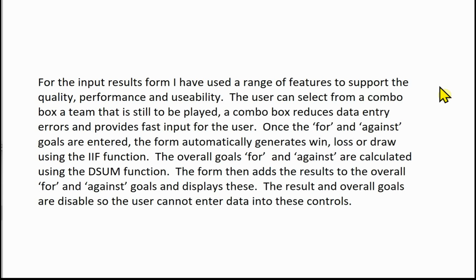Once the for and against goals are entered, the form automatically generates win, loss or draw using the IF function. The overall goals for and against are calculated using the DSum function. The form then adds the results to the for and against goals and displays these. The result and overall goals are disabled so that the user cannot enter data into these controls.